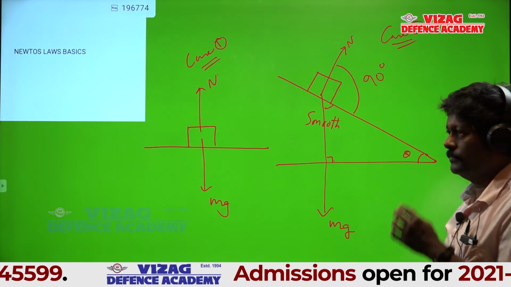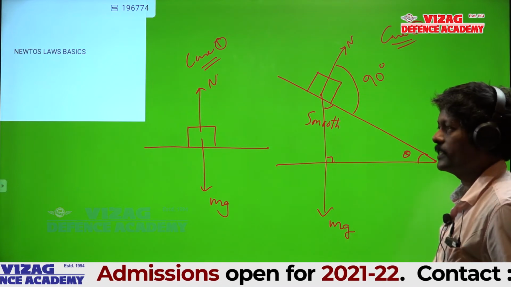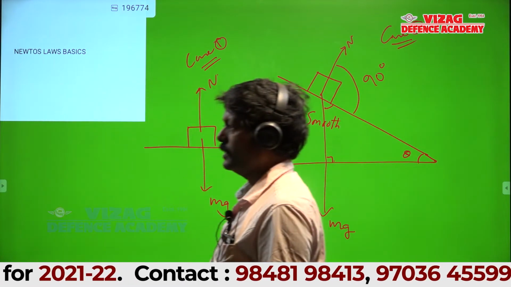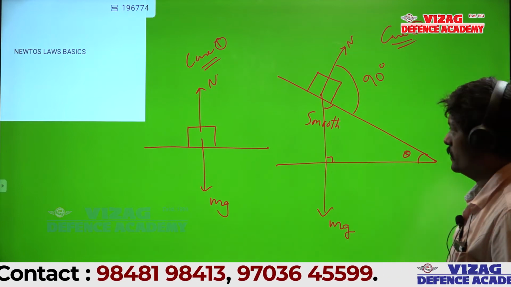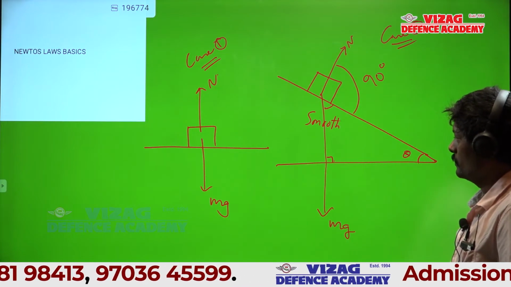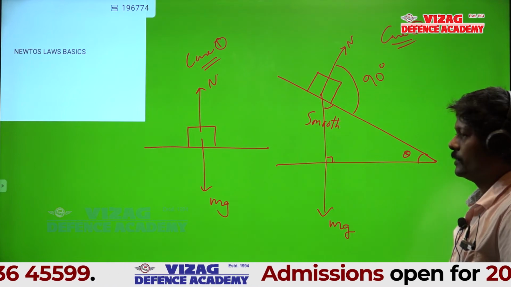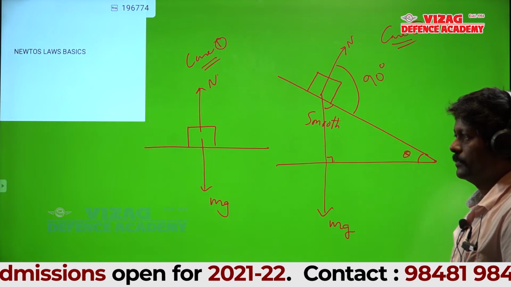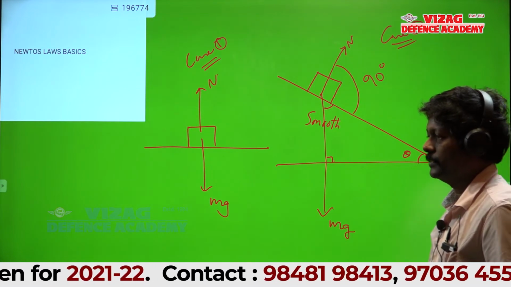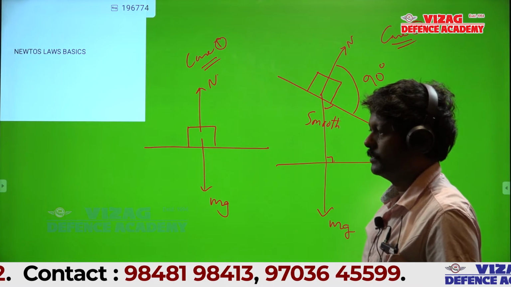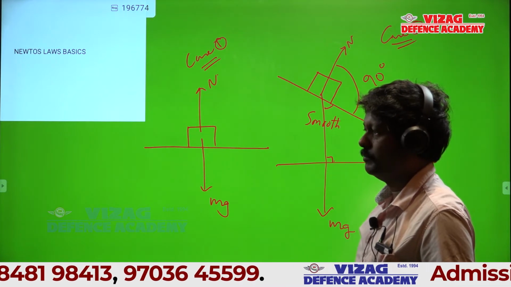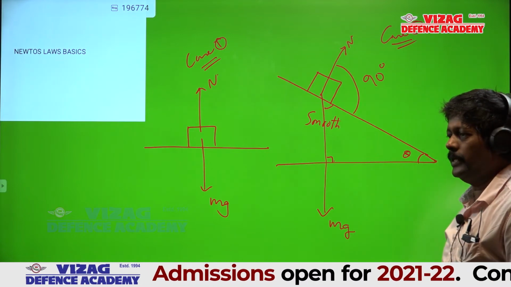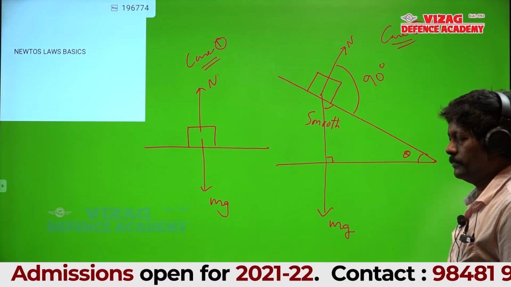So write down the point. Normal reaction is always perpendicular to surface, whereas mg may or may not be perpendicular to surface.